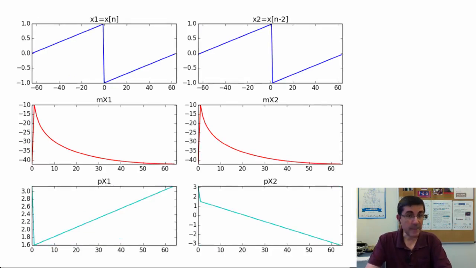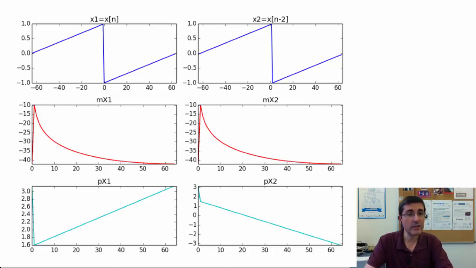And we can see an example of that too. So here we see two signals, x1, x2, and one is the shifted version of the other one. x2 has two samples shifting applied to x1. By the way, this is a sawtooth, one period of a sawtooth waveform. And then if we take the DFT of these two signals, we see that their magnitude spectra, the absolute value of the spectra, are exactly the same. There is no difference.